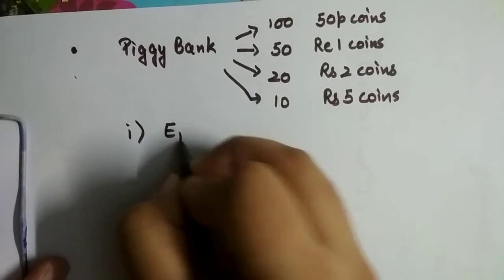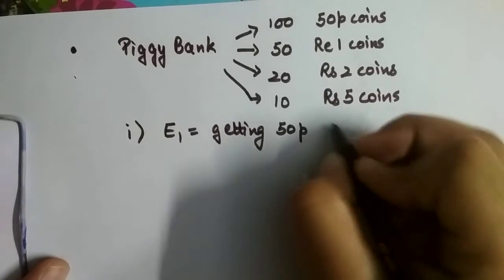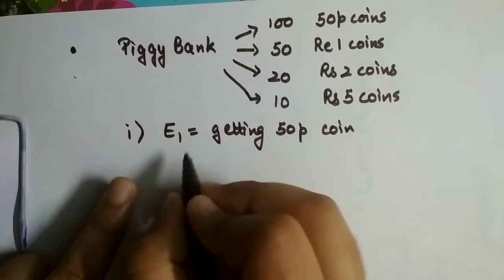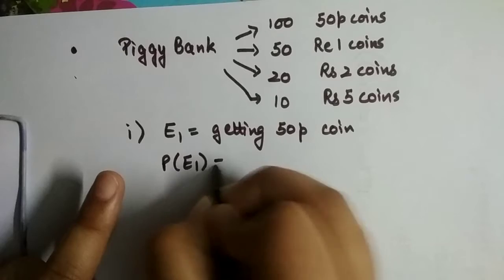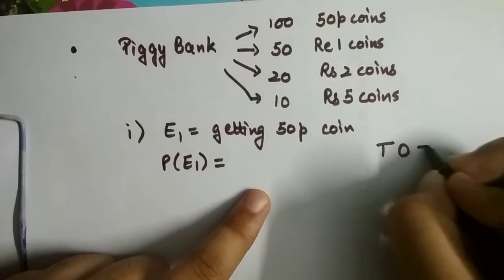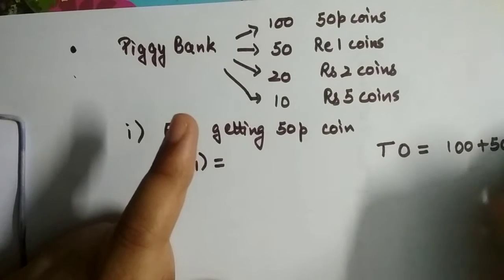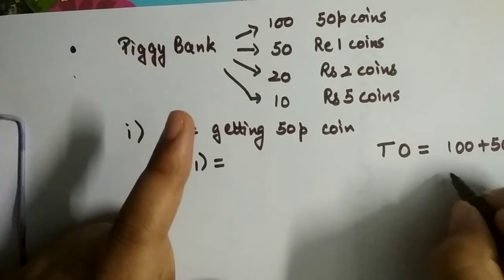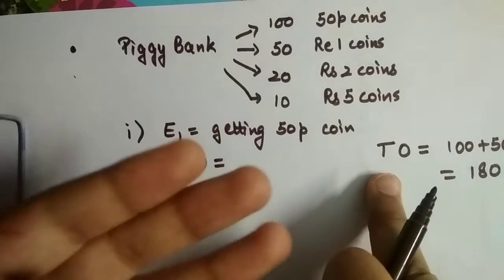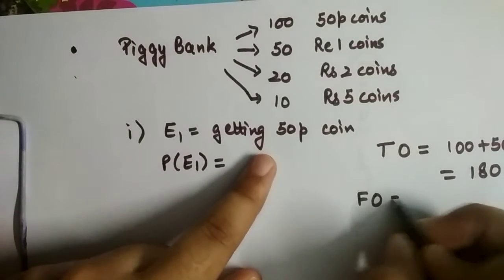So our event E1 is getting a 50 paisa coin. We have to find the probability of E1. Now our total outcomes, denoted by TO, is 100 plus 50 plus 20 plus 10, that is 180, because the total number of coins in the piggy bank is 180, and the favorable outcome is getting a 50 paisa coin.